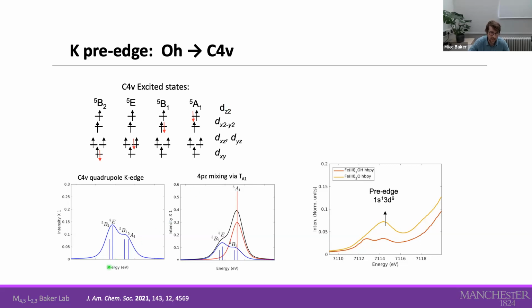And as I mentioned earlier, the quadrupole part of the spectrum, so this is what we would get if we were to simulate the quadrupole, is very weak. Even just a few percent of 4p character, which would give rise to some dipole type intensity, can drastically modify the spectrum shape. So indeed, this is what happens for this iron 3+.